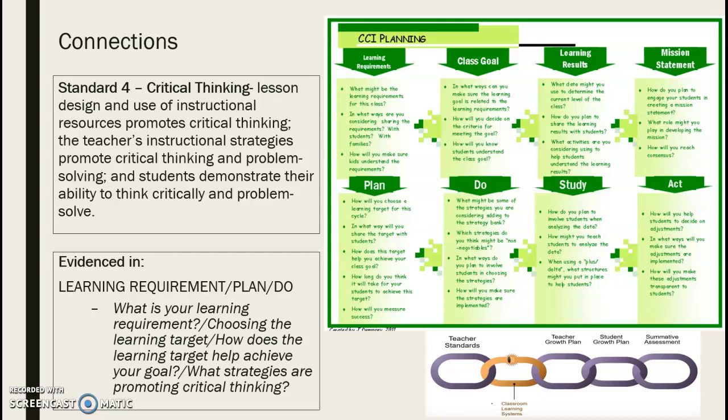When you're choosing your learning target, we're making sure that that alignment is there for our learning requirements and thinking about how does that learning target help achieve your goal and help you increase to critical thinking and problem solving. And then your strategies, making sure those strategies are hitting those higher order thinking skills and moving to application and evaluation.